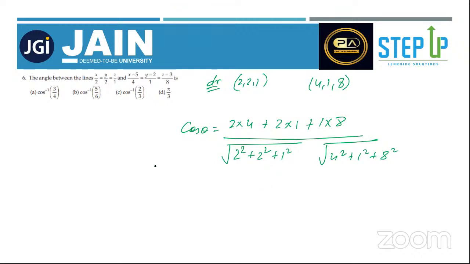So how much are we getting here? 4 2s are 8. 8 plus 2 is 10. 10 plus 8 is 18. 4 plus 4 is 8. 8 plus 1 is 9.